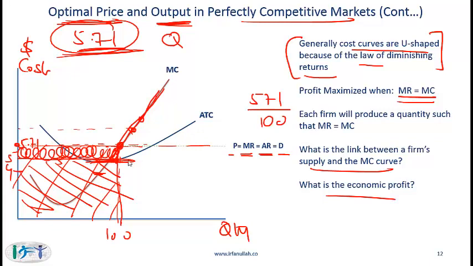But after reaching a certain minimum, if you keep trying to sell more and more oranges, your cost will go up, and that explains this U-shape. But it is not necessary that the cost curve is U-shaped for every single firm. It's just that this is the most typical scenario.